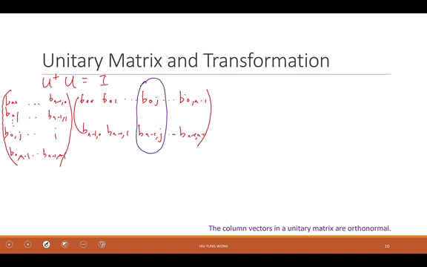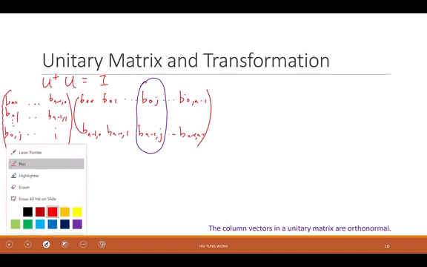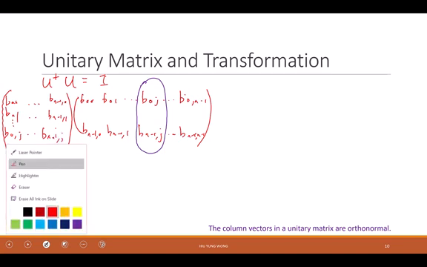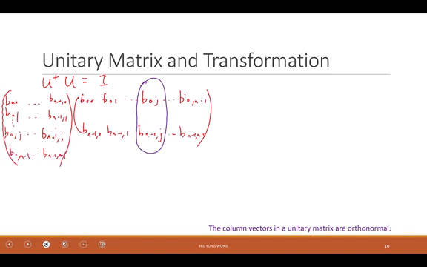Writing is not clear. This is B n minus 1, J. Is it correct or did I miss something? What do I miss?